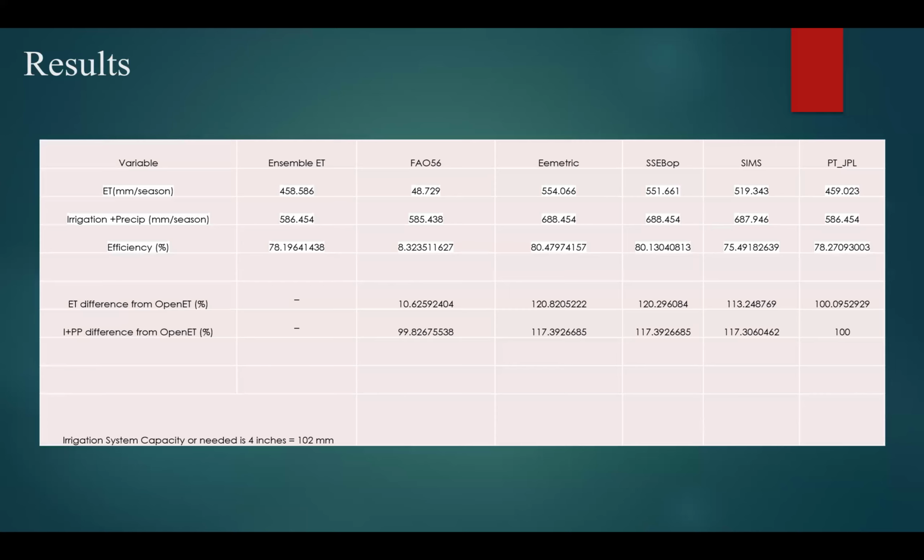FAO 56 is supposed to be getting the most efficiency. I suppose it's 82%, right.